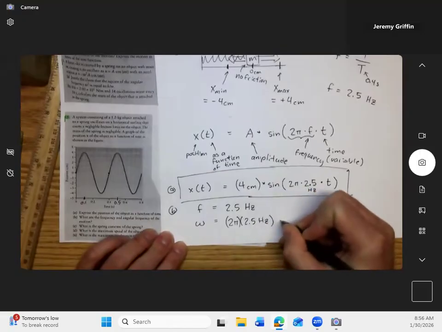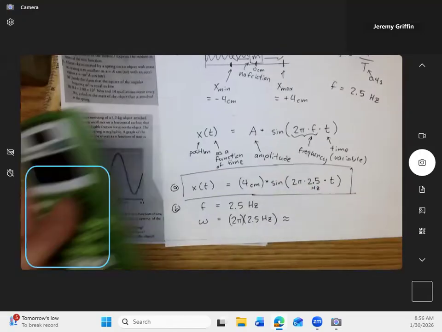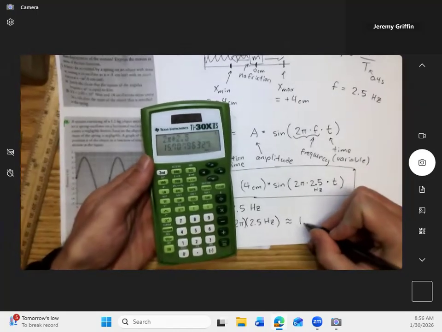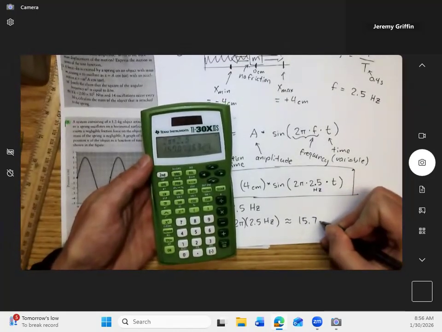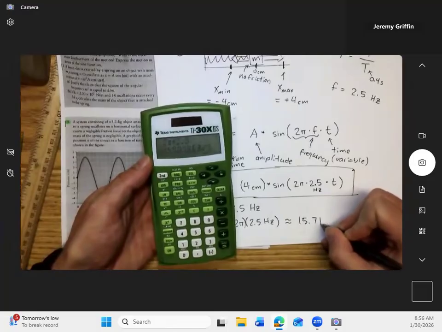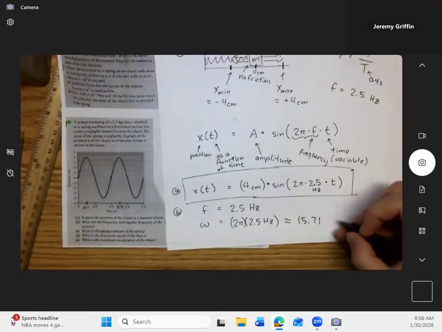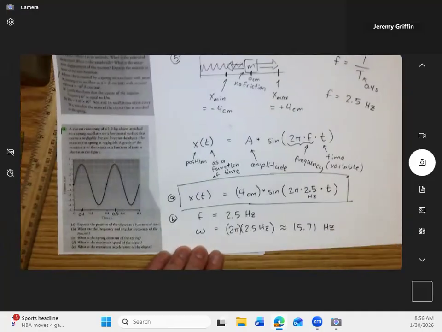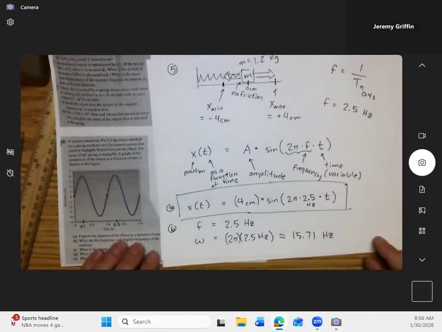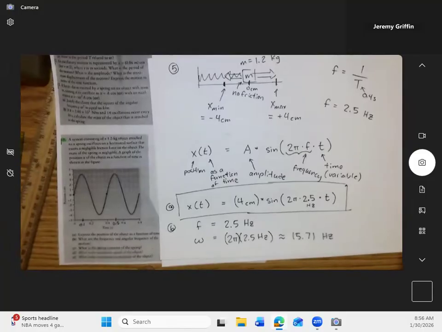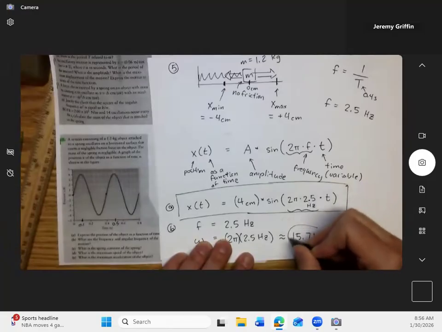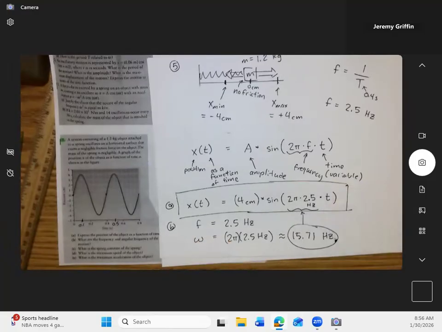Let's get a decimal approximation for that. 2 pi times 2.5 is approximately 15.71. And guys, would that still be hertz? Yeah, still hertz, because 2 pi is a constant itself, so it's the same unit. This right here, that's what this number is.